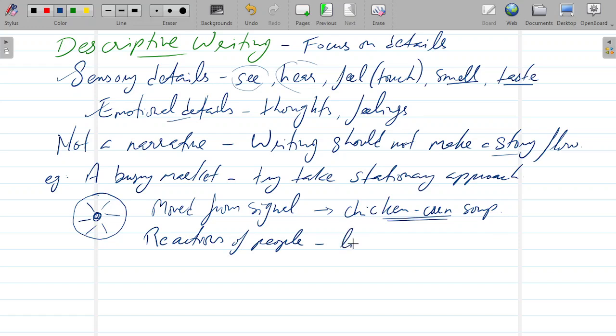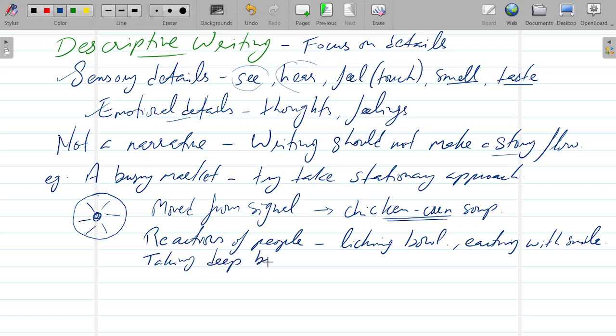You can, for example, say that they were licking the bowl, right? Or eating with a smile, which meant it was really delicious, right? Or they were taking deep breaths, right? It had a good aroma. So you can include that detail from the perspective of the people you're with.